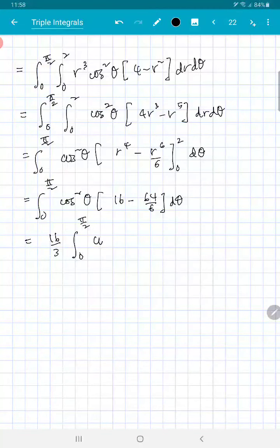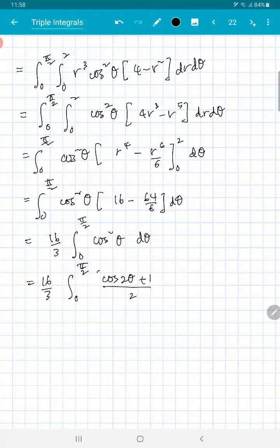Okay, now to integrate cos squared theta, we're going to use the trigonometric identity, where cos squared theta will be replaced by (cos 2 theta plus 1) over 2. So this would be easier to integrate. Now 16 over 3 divided by 2 will give you 8 over 3. Now integrate cos 2 theta, we get sine 2 theta over 2.